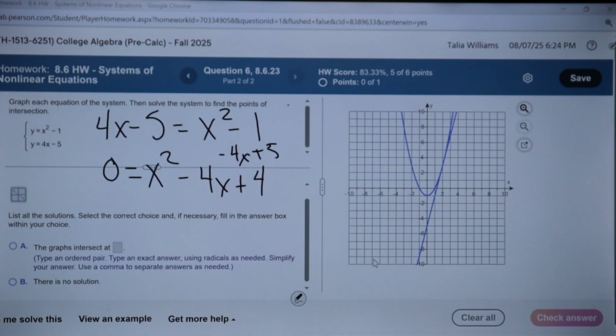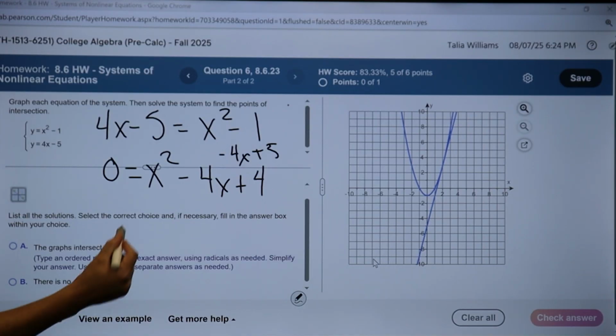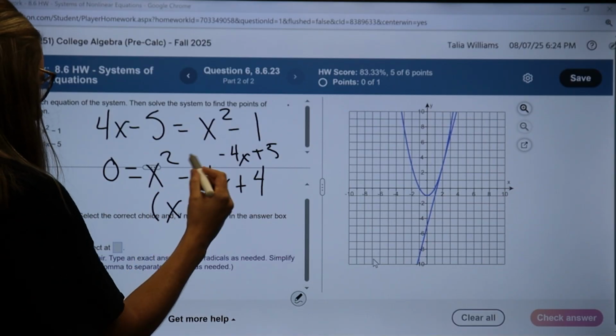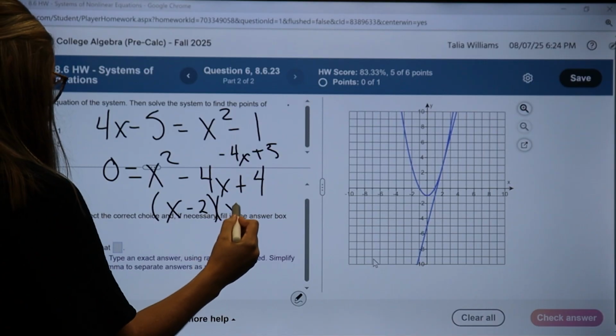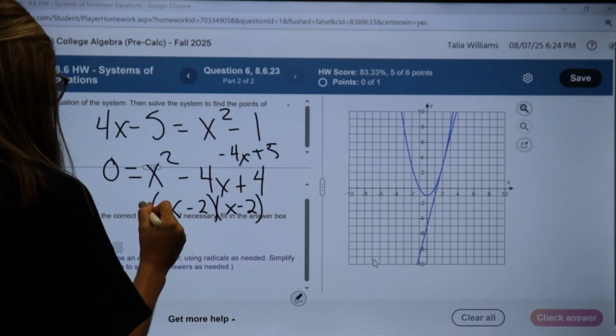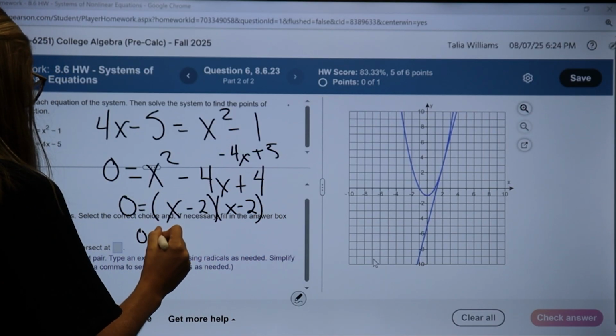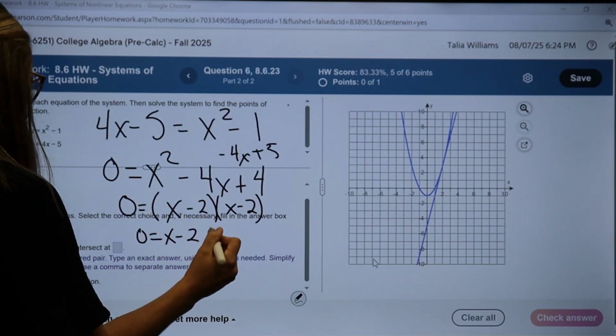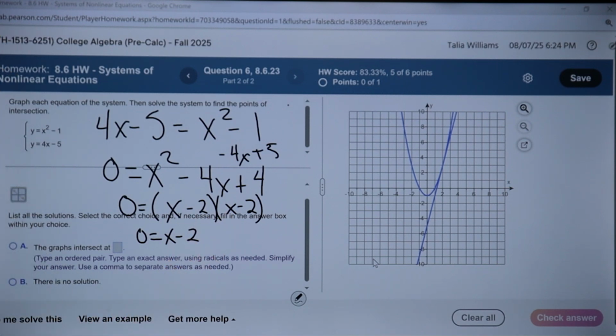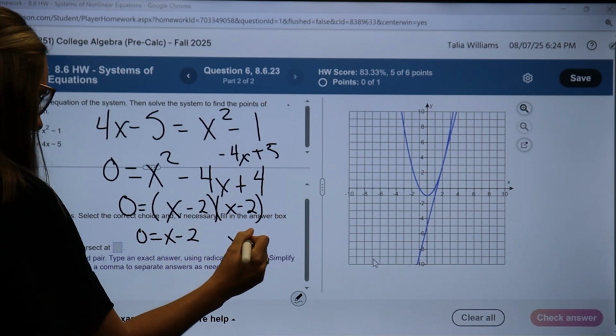Then factors of 4 that add to get 4 are 2 and 2. Since this is a negative, they're both going to be negative 2. So 0 equals x minus 2. I'm not going to do it twice since they're the exact same. So x equals 2.